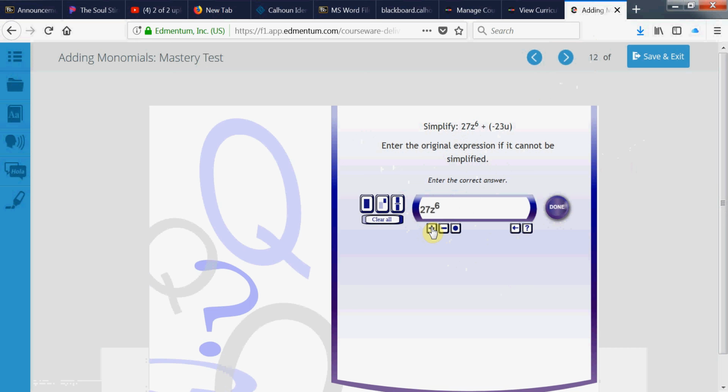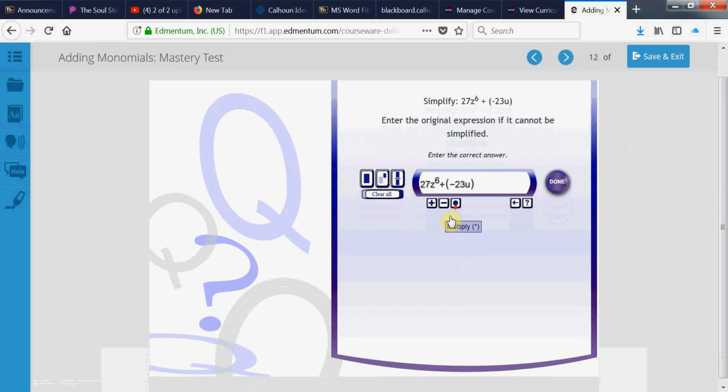It's not recognizing what I'm trying to do there. I think I got it. Plus, there it is. Oh, boy. Plus this negative 23u. I'm going to have to do another problem, make sure I get that. Yeah, I don't like that.